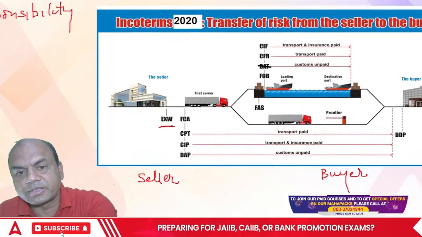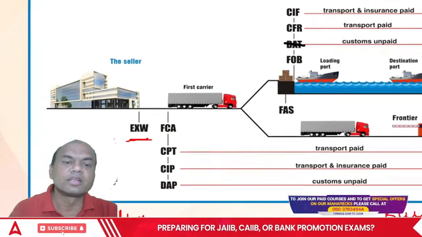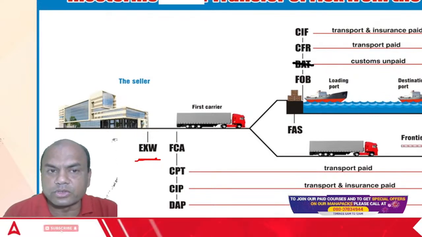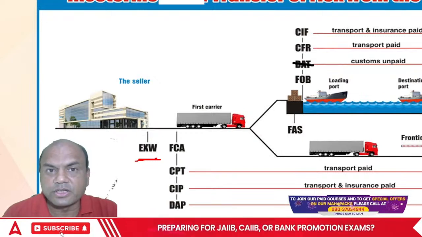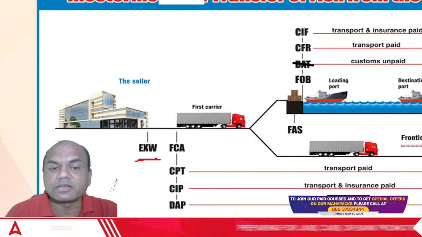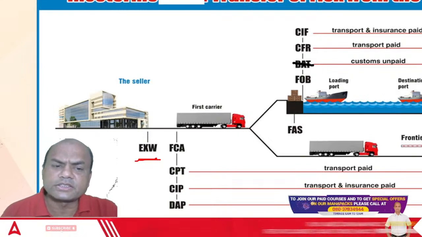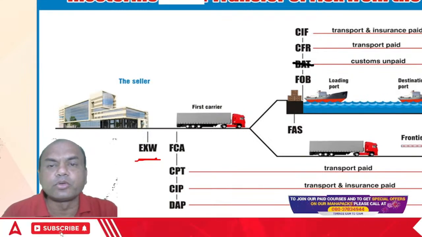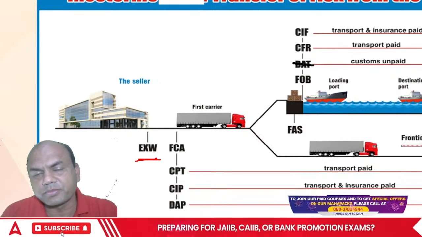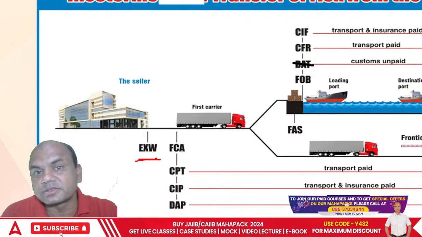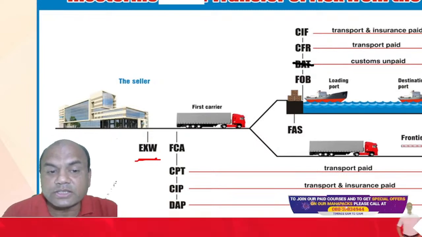Suppose the seller says, I will manufacture these goods and put them in front of my factory. I won't give you anywhere else. Just in front of my factory, I'll place them. You pay me and take these goods from here. How you take them is not my concern. This is known as Ex Works.